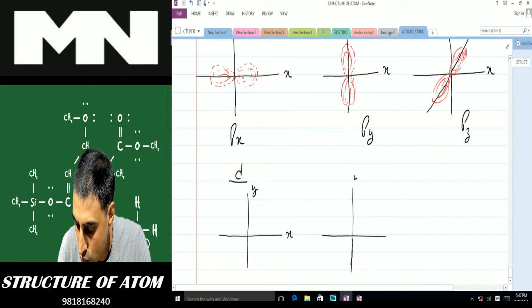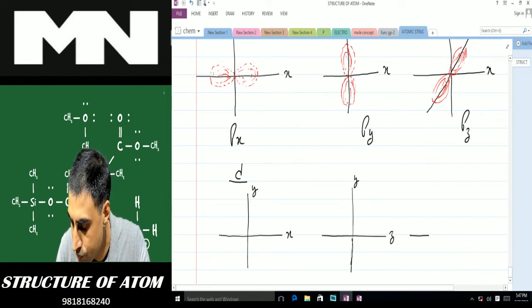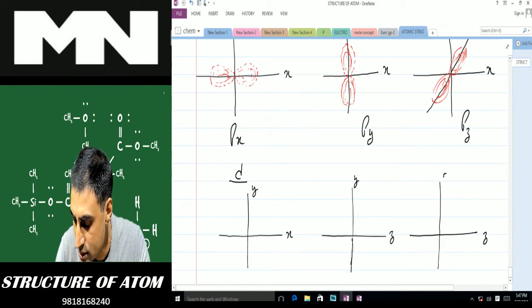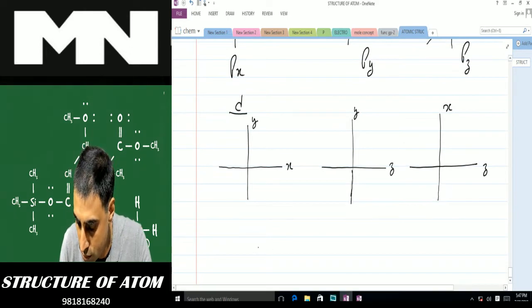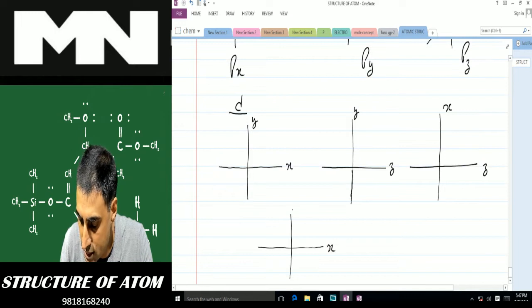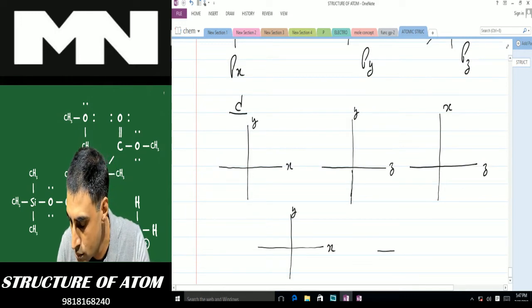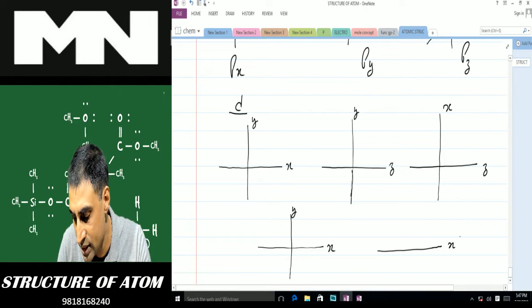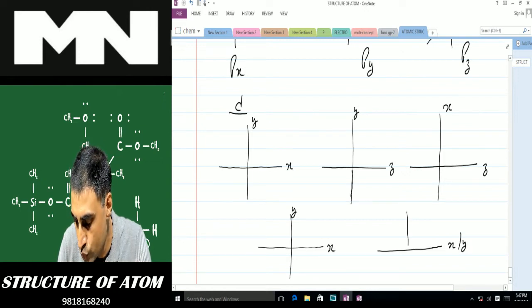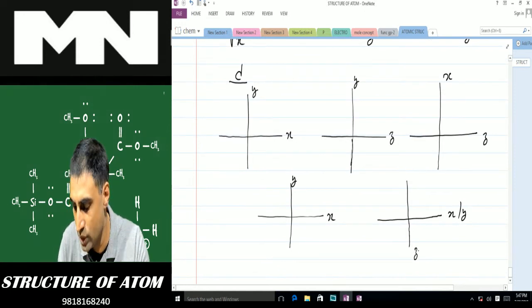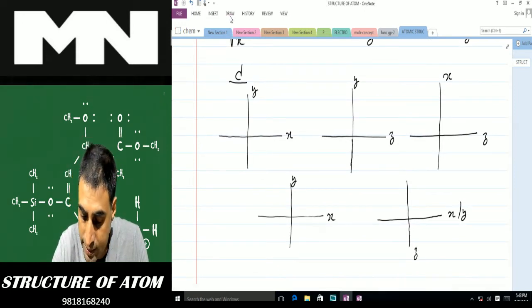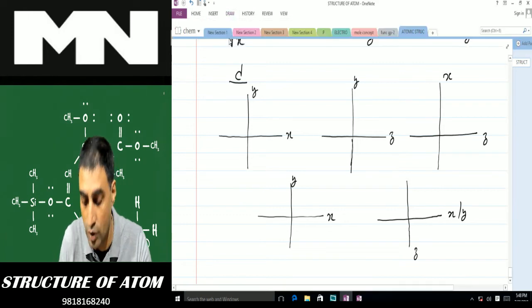Here in this case, y, z, z and x. Likewise, x and y. It can be anyone, either x or y, but this one is a z. So we'll see how this double dumbbell form exists.